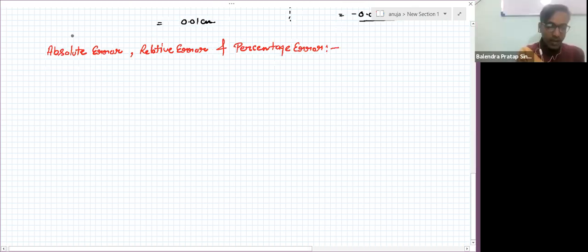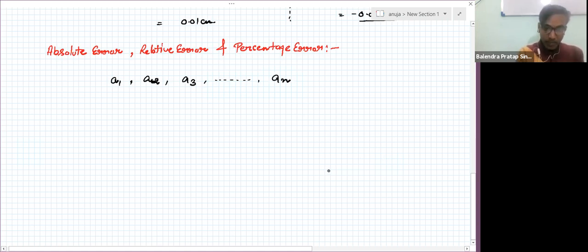So now, as we know that random error can be minimized by repeating the experiment a large number of times. So when you repeat your experiment, you will get a lot of values. Suppose you get first value like A1, and you repeat your experiment, you get another value which is A2. You repeat your experiment, you get another value which is A3, and you repeat your experiment so many times, and you get a lot of values which are different from the true value.